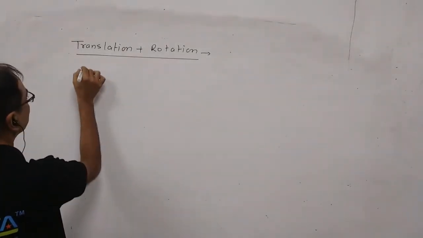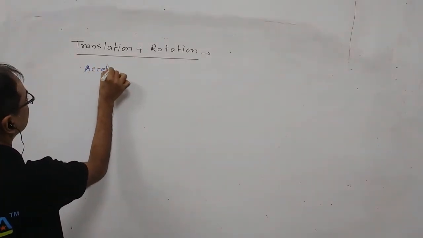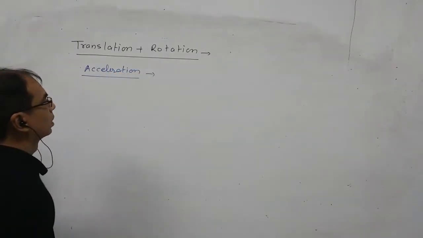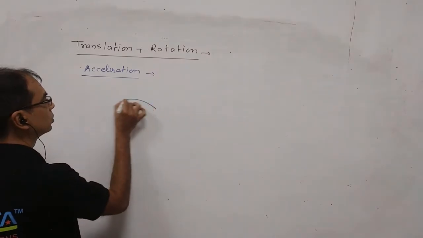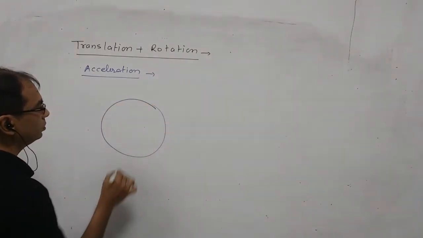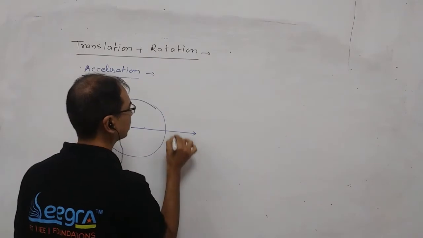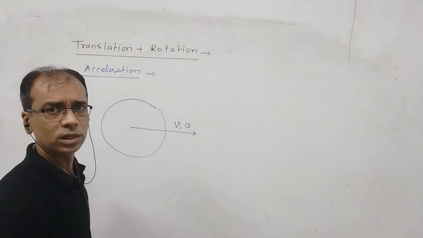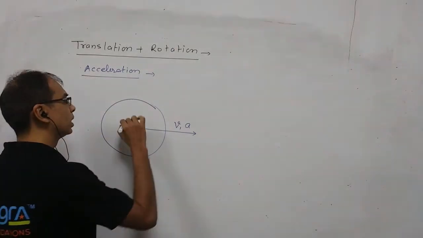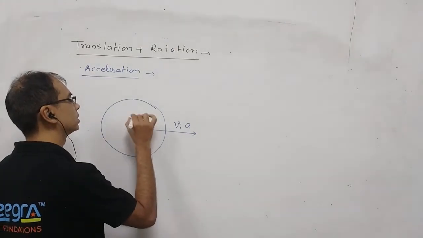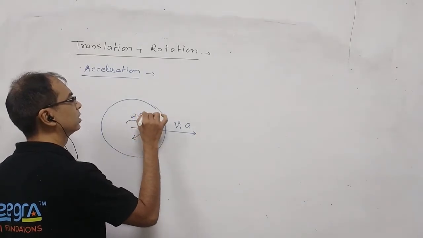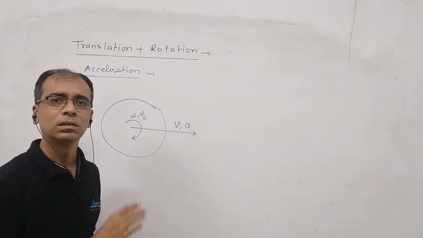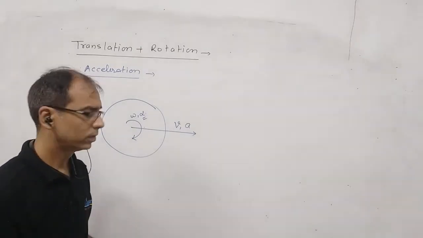Suppose the acceleration of the center of mass is a, velocity is v, and it is accelerating, which means velocity keeps on increasing. At the same time, there is omega initially, and then the angular acceleration is alpha.